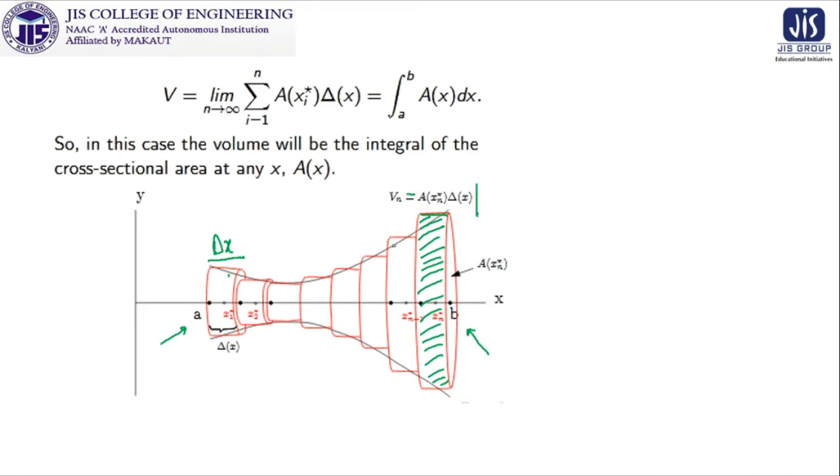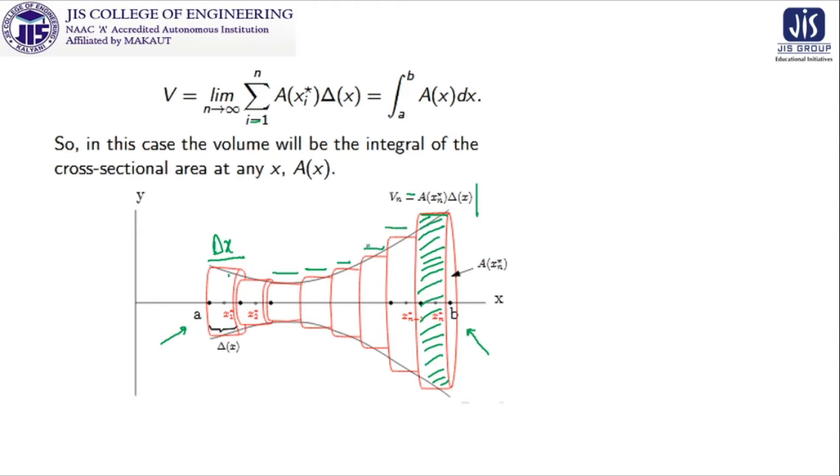But we need this to be summed up over all of them. Suppose we have considered 1 to n cylindrical surfaces, so it will be i equal to 1 to n of A(xi star) times del x, because in every case del x is the same, so every time it is multiplied by del x.